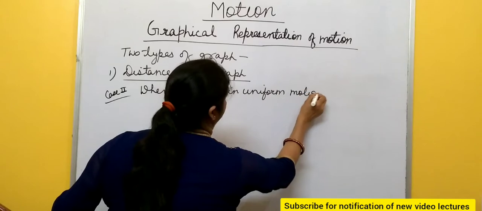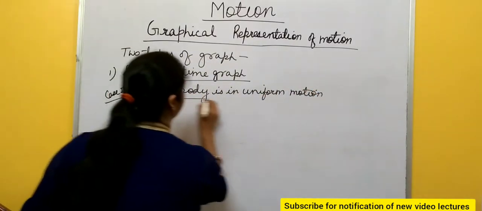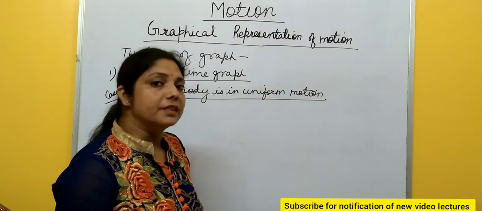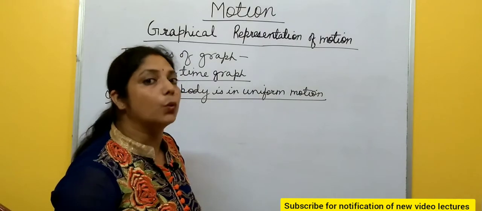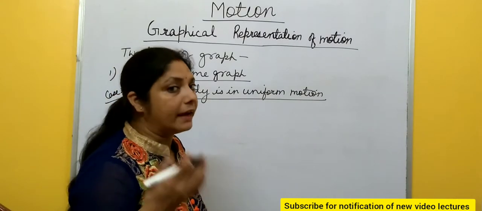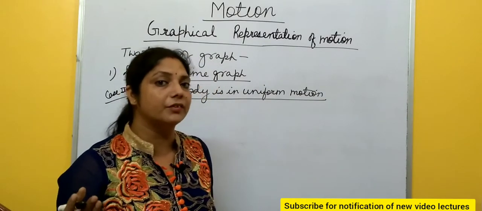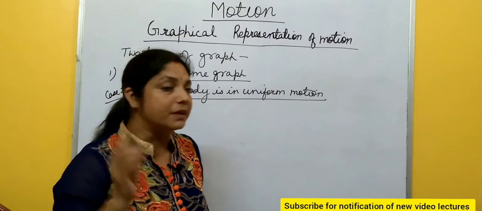We have already studied these things. Uniform motion means the body covers equal distance in equal intervals of time. And in that case, what happens? Speed is constant.